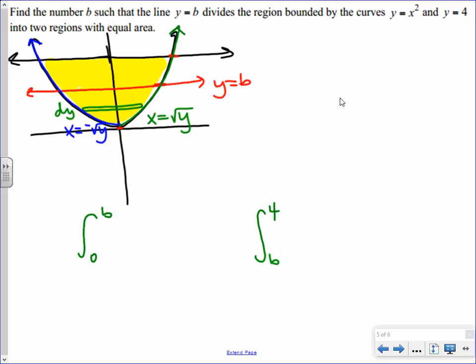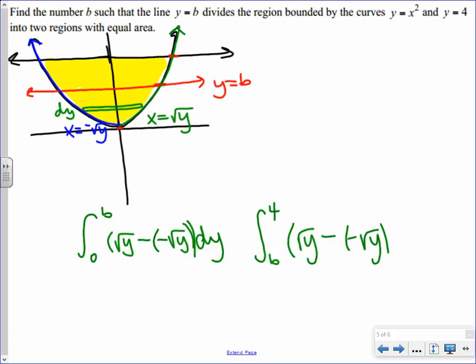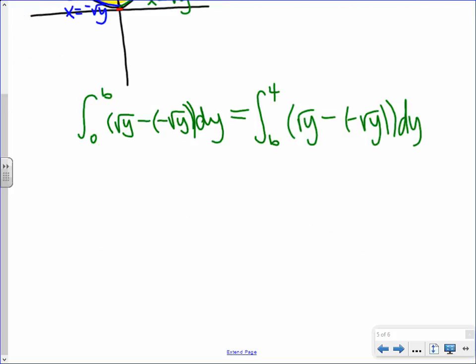So when we go to set up our area, we have our right function, radical y, minus our left function, negative radical y. And we're going to do that for each region, and what we want by the end is for those two regions to be equal. The region from 0 to b, and then the region from b to 4. Okay.